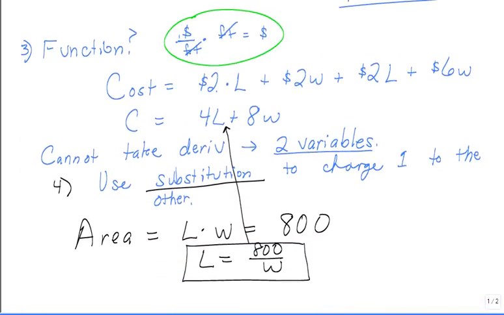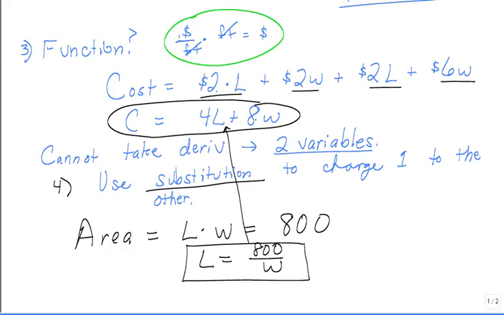Dollars per foot times feet is dollars, so 3 of these are $2 a foot, and one of them $6. Doesn't matter which one's which, don't worry about that. And then I come up with the cost equation, but that's not good enough because there are too many variables, L and W. There are 2 variables, and I can't take the derivative of that. So what I do is I use substitution to change one of the variables into the other. It doesn't matter which one.